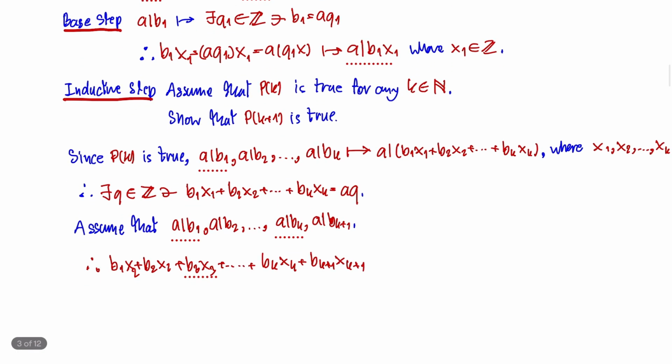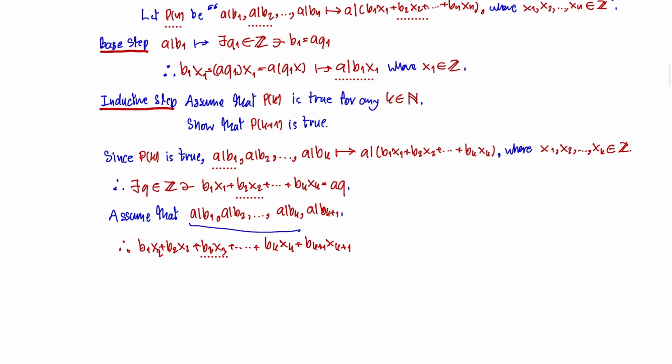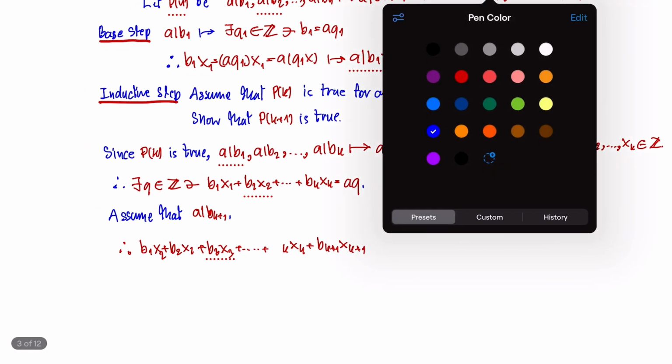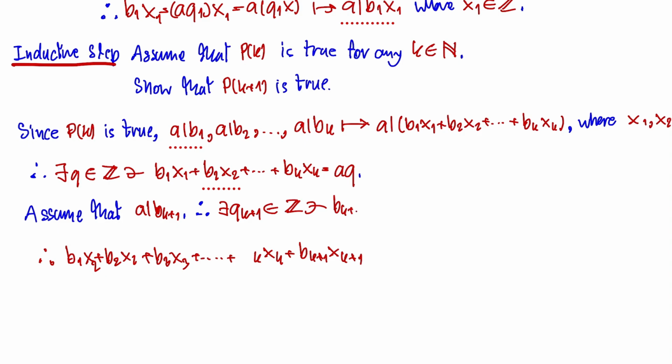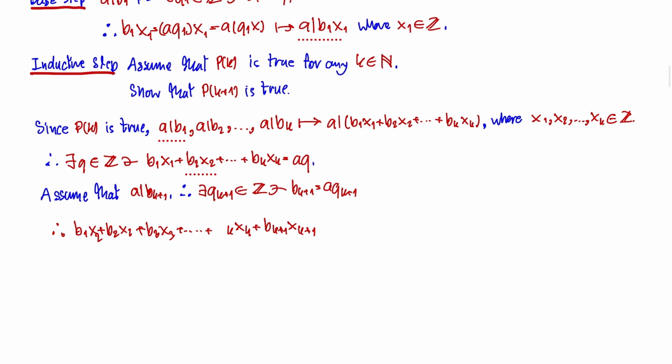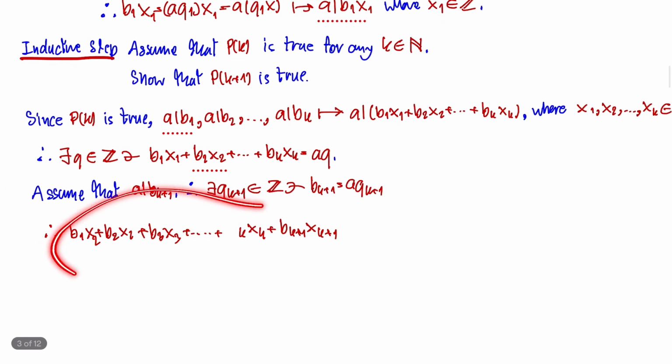So what can we do now? From this right here, I have to assume that a divides bk plus 1. Then there exists qk plus 1, which is an integer, such that bk plus 1 equals a times qk plus 1, right? So let's write this term.